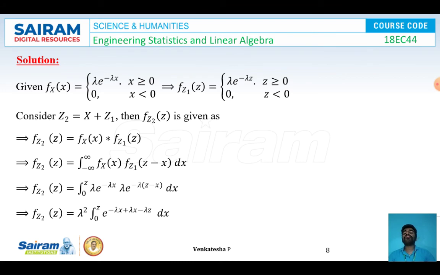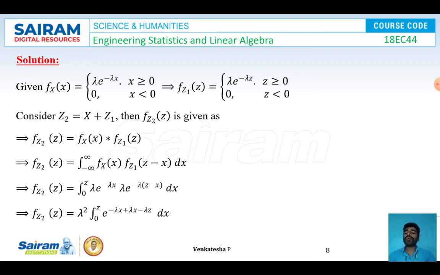So given f_X(x) is equal to lambda e power minus lambda x for x greater than or equal to 0, and it will be equal to 0 for x less than 0. Similarly, I can rewrite this expression as f_Z1(z) is equal to lambda e power minus lambda z for z greater than or equal to 0, and it is 0 for z less than 0.